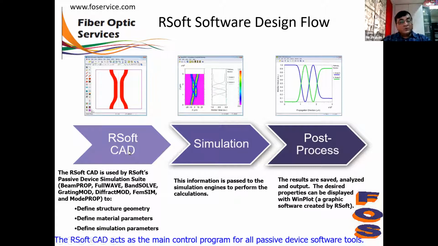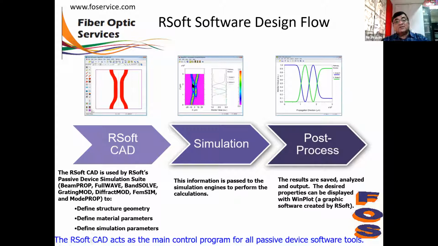So what you can do with the CAD is define the geometry. You can draw the geometry, define the material in each of your device zones, and define what you want to simulate.